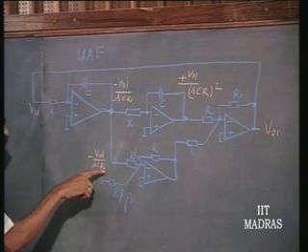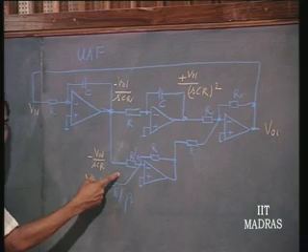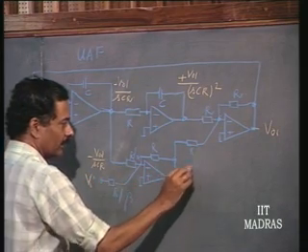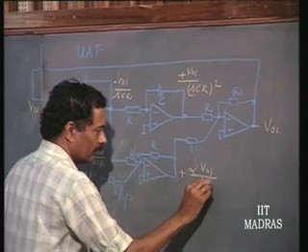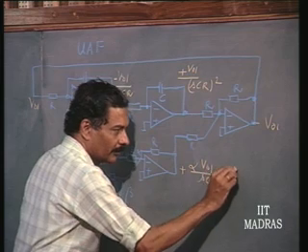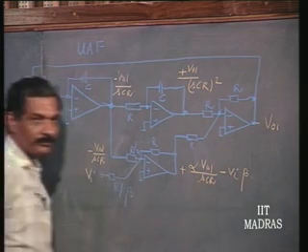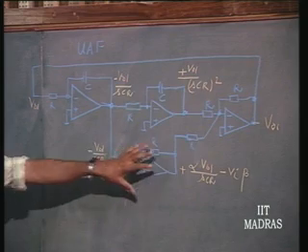So, this V naught 1 by SCR will appear as alpha times V naught 1 by SCR, minus Vi into beta.